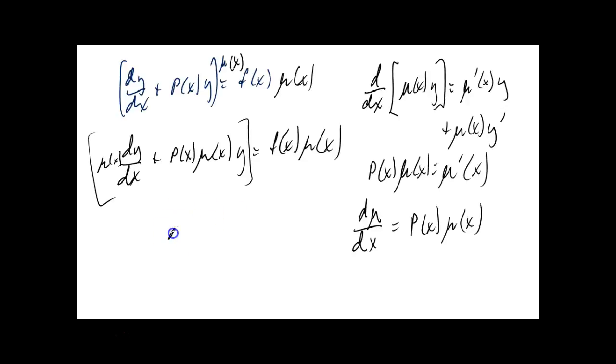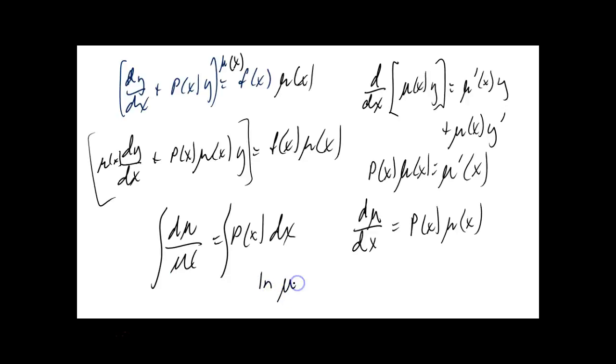That would be d mu over mu is equal to P of x dx. And I can even do this. This right here would give log of mu. Log of mu is equal to the integral of P of x dx.